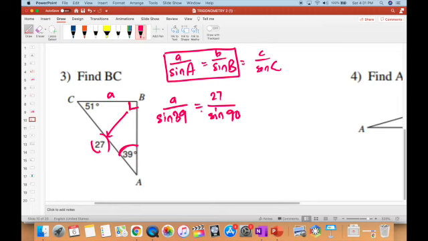And now we could just say that A is equal to 37 over the sine of 90, all being multiplied by the sine of 39. And A is equal to 37 divided by the sine of 90, which is 37, because the sine of 90 is 1. 37 multiplied by the sine of 39.